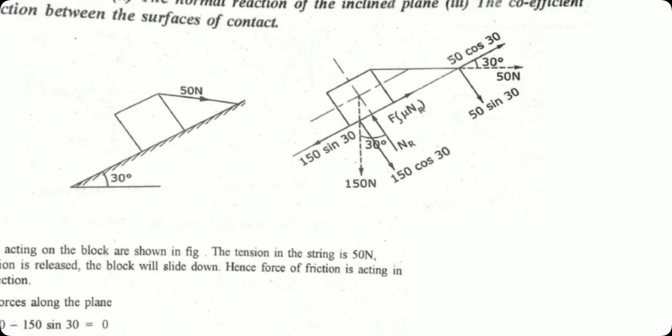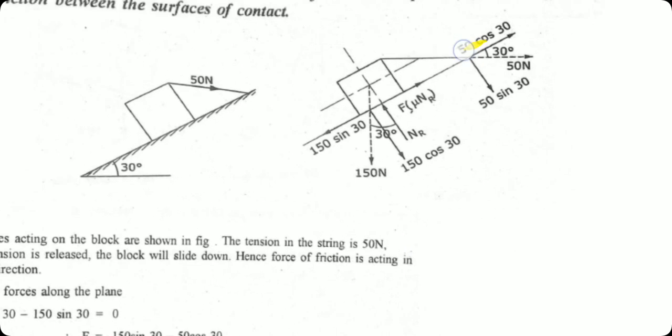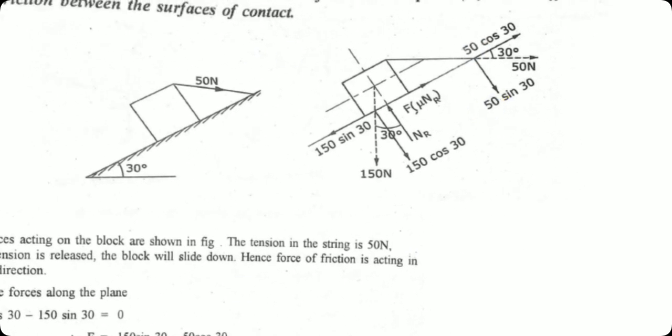The self weight of the block is 150 Newton. Due to the inclination, the 150 Newton is split into two components, a horizontal as well as a vertical component. And then the tension is acting at an inclination of 30 degrees. Again, this tension is split into two components, that is 50 cos 30 and 50 sin 30.